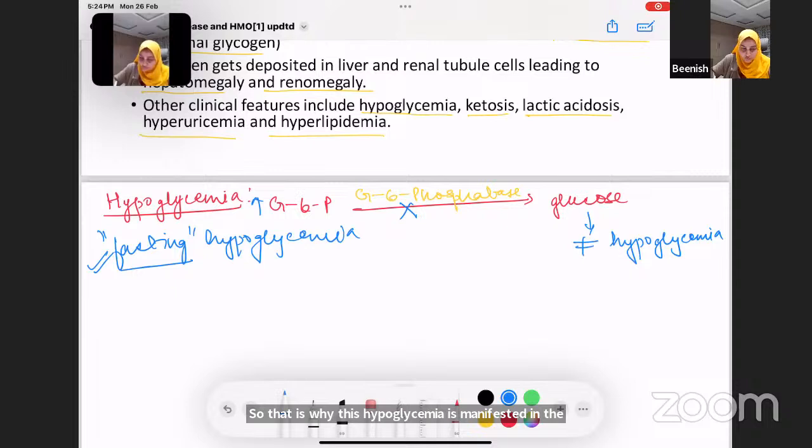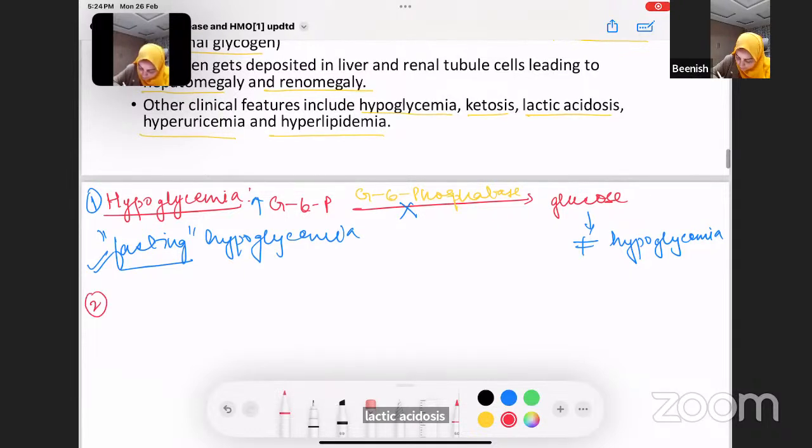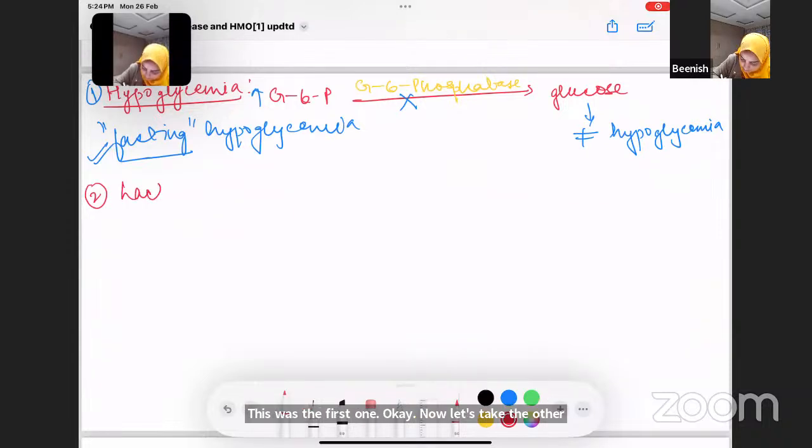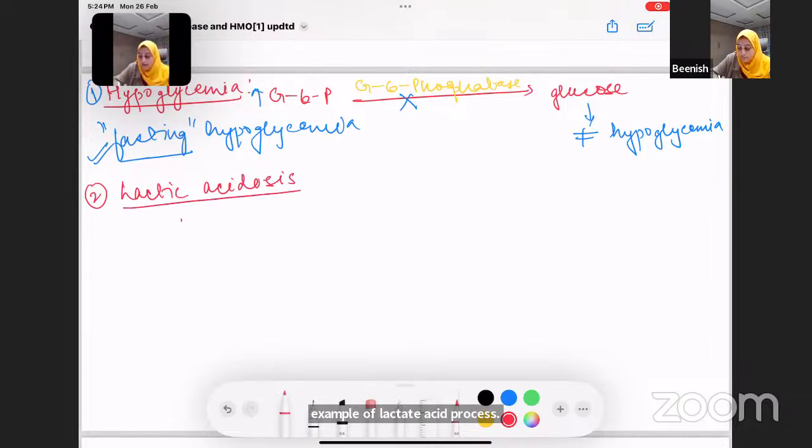Now the other feature we're talking about is lactic acidosis. Now let's take the example of lactic acidosis. Again, glucose 6 phosphate is accumulating and it is not converting into glucose.